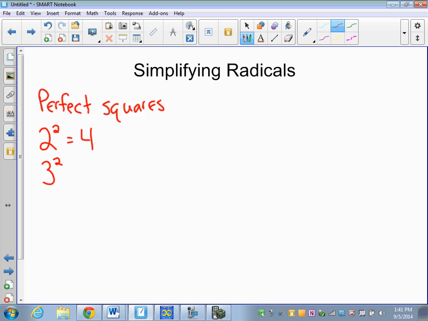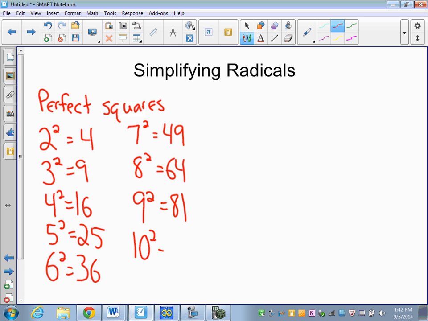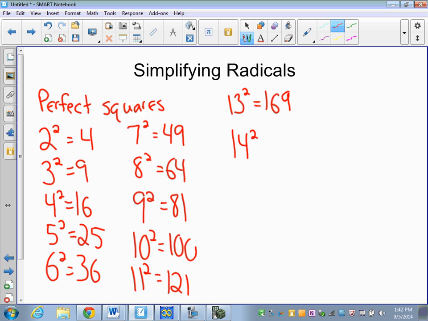2 squared is 4, 3 squared is 9, 4 squared is 16, 5 squared is 25, 6 squared is 36, 7 squared is 49, 8 squared is 64, 9 squared is 81, 10 squared is 100, 11 squared is 121, 13 squared is 169, 14 squared is 196, and we'll stop at 15 squared, which is 225.